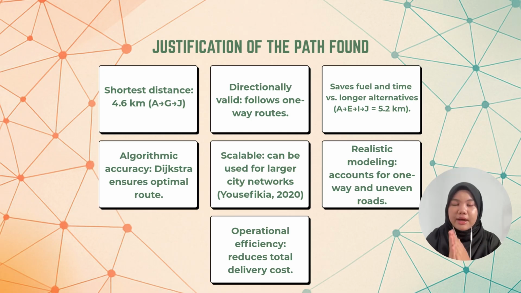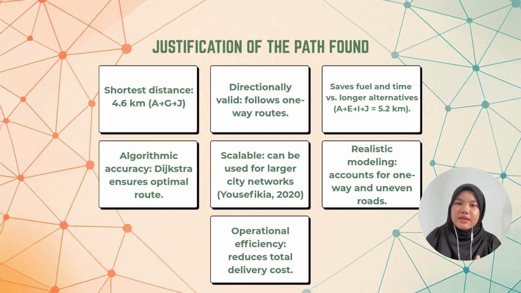Okay, here's why the path from A to J is considered optimal. First, it is the shortest distance, which is 4.6 kilometers, and it has the minimal total among all options. Secondly, it has valid directions. The route follows legal one-way roads.